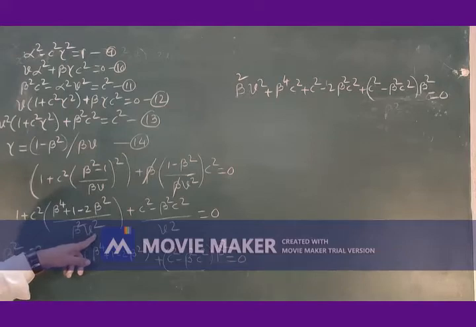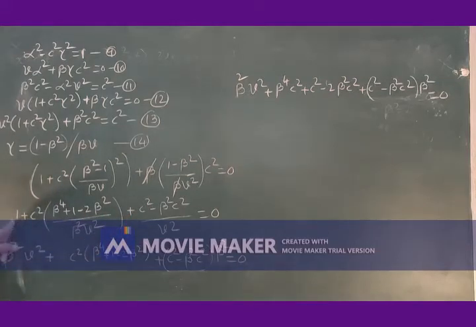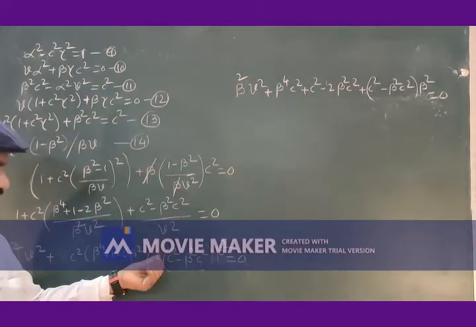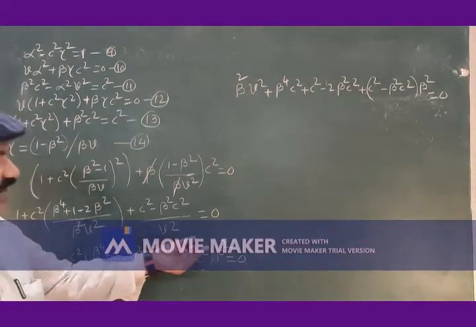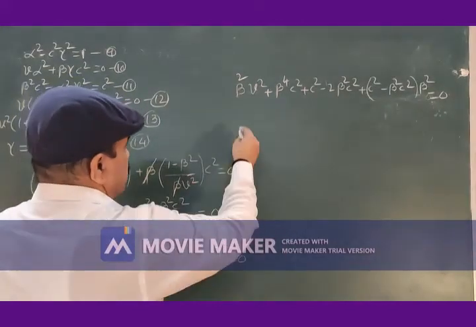We want to take away this beta square v square. If you multiply this whole by beta square v square, one beta square v square will come. From this term beta square v square gets cancelled, v square gets cancelled, but beta square will appear in the numerator here. And therefore this is the term.